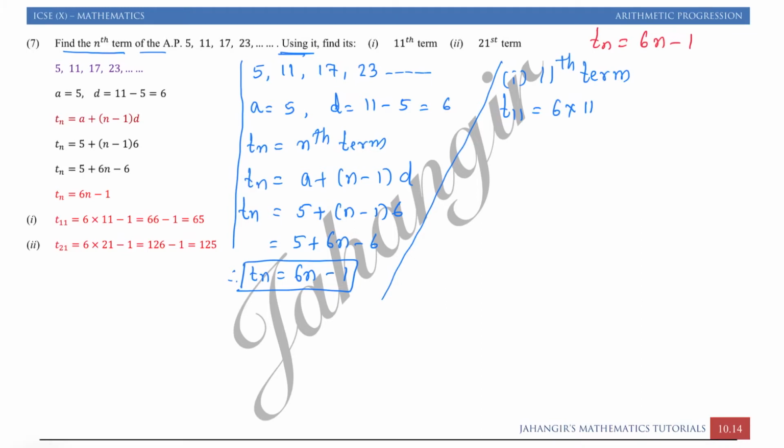But now we have to find T11. So in place of this n, we are going to just replace 11. 6 into 11 minus 1, that is 66 minus 1. Therefore, T11 is 65.